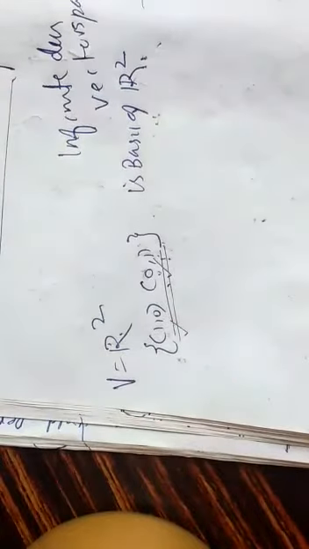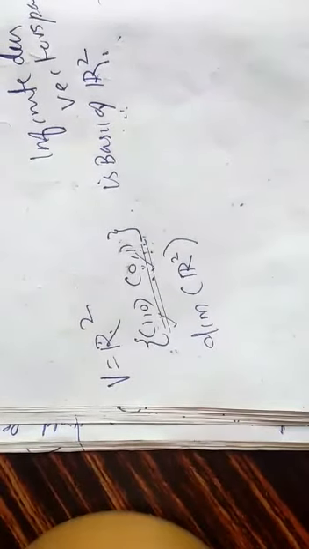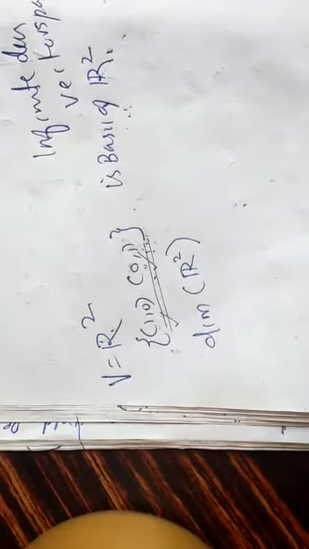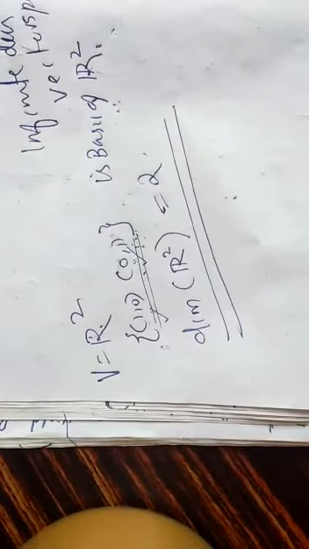What is the number of elements in this basis? 2 elements, 1 and 2. So the dimension of R2 is the number of elements of the basis set. In this basis, we have 2 elements. So every basis of R2 has 2 elements, and we can say the dimension of R2 equals 2.